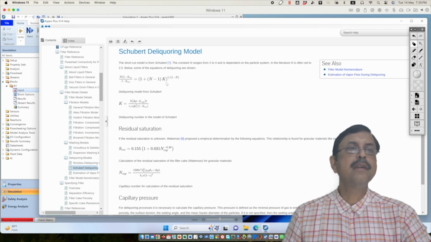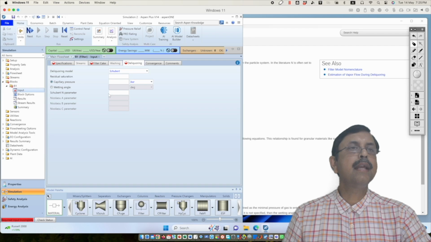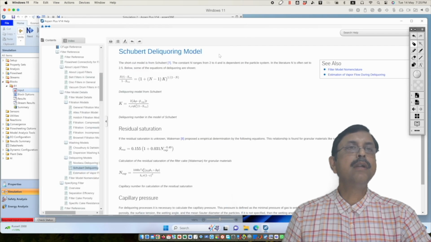We have to just give the value of n. So n cap will be calculated, S res will be calculated, K will be calculated from S res. Only that n parameter we have to provide. And once we provide the parameter n, Schubert model will calculate St. And constant n ranges from 2 to 4. From literature, it has been found.